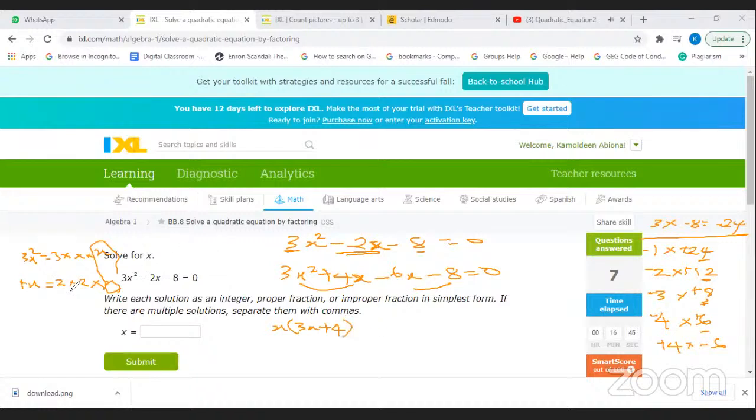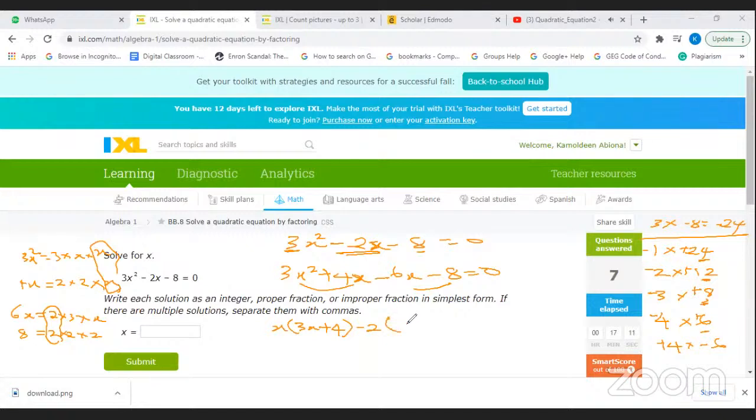So do the same thing for the other one, 6x and 8. 6x is 2 times 3 times x. 8 is 2 times 2 times 2. So 2 is common. That will be minus 2 into bracket.